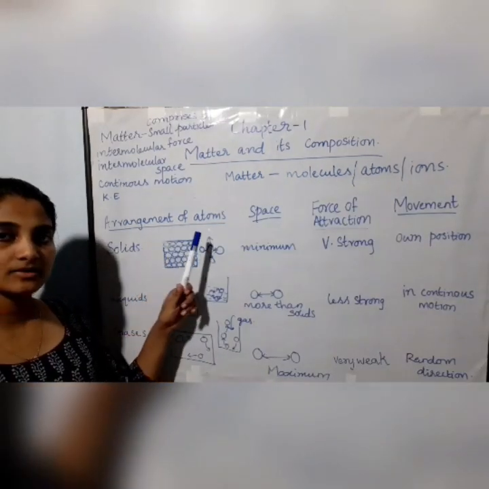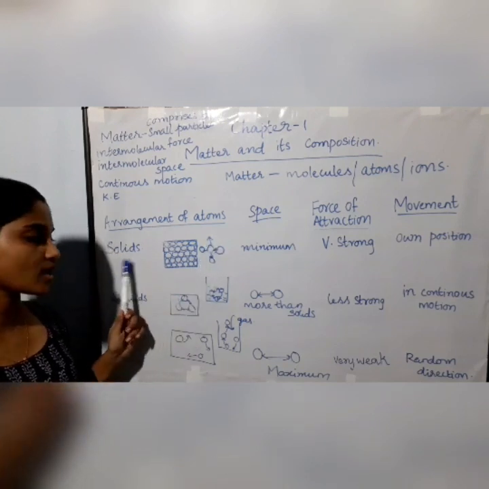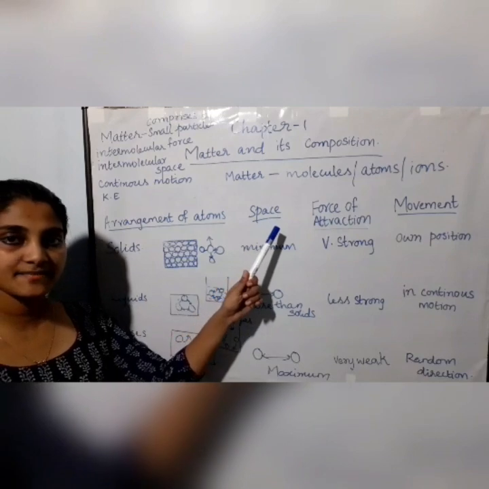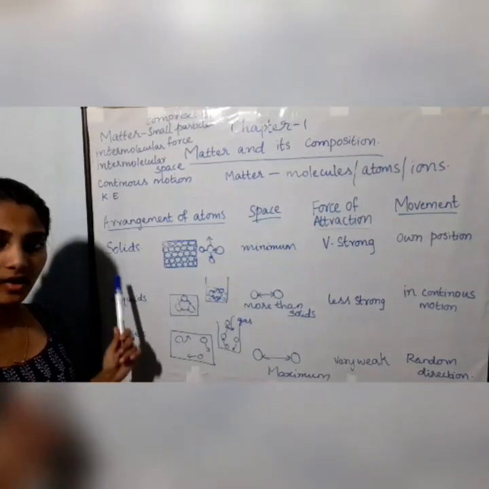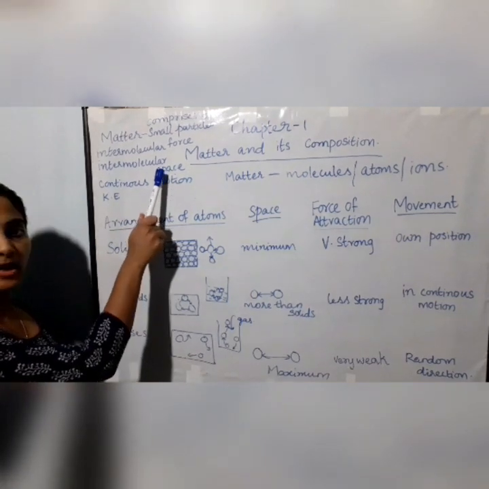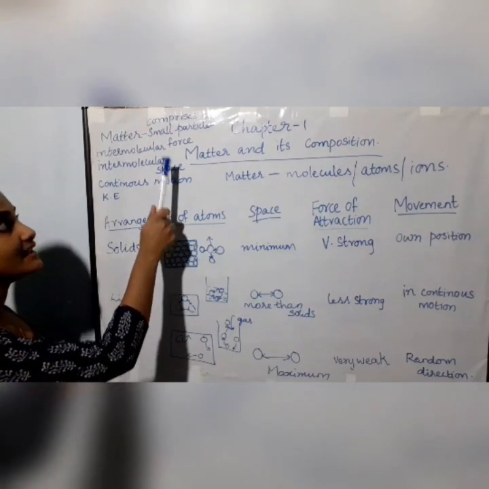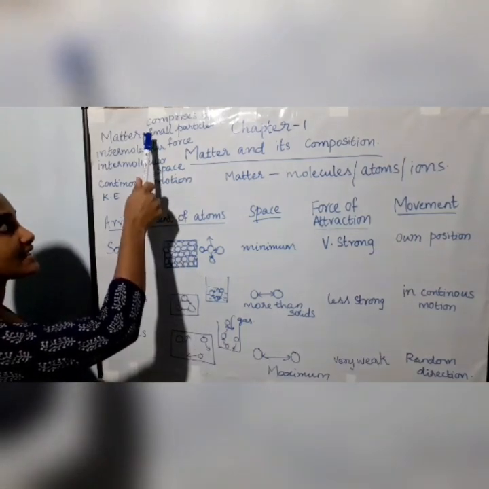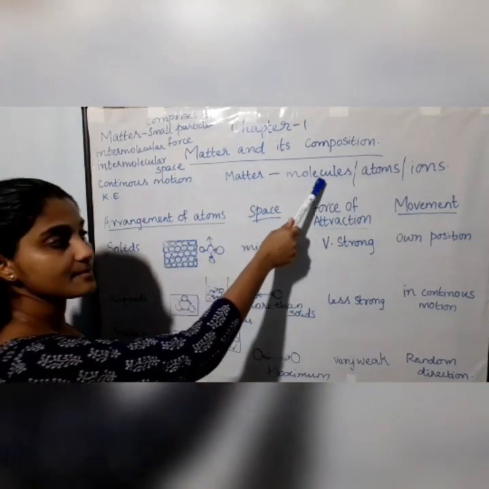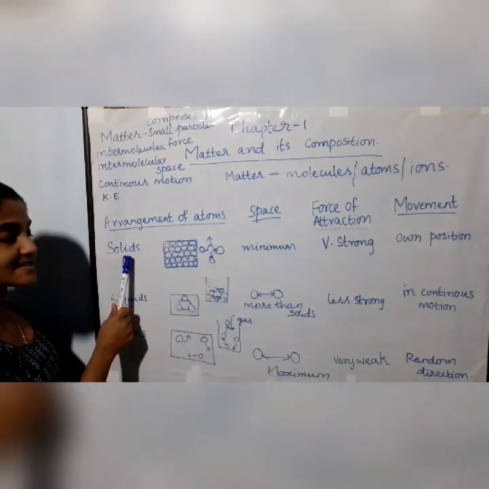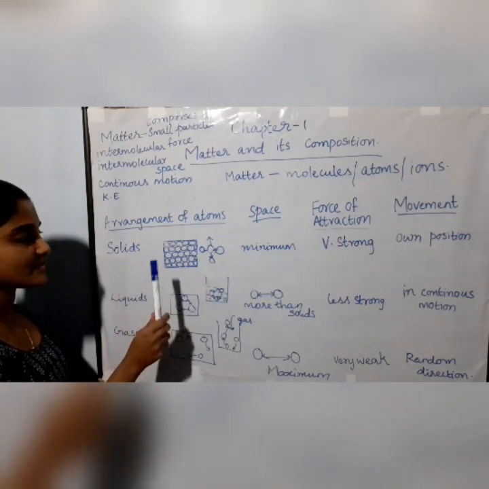We have seen about the arrangement of atoms in case of solids, liquids and gases. Now let us see about the space between the atoms in case of solids, liquids and gases. We have already seen that there is an intermolecular space existing between the small particles, that is, the small particles are molecules, atoms or ions. So in case of solids, let us see how the space between the atoms is.